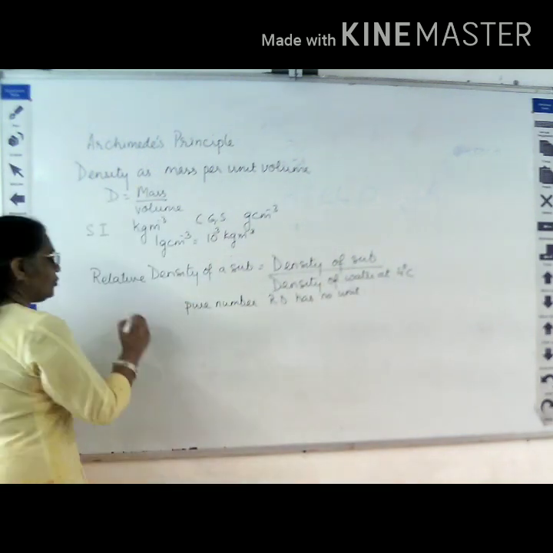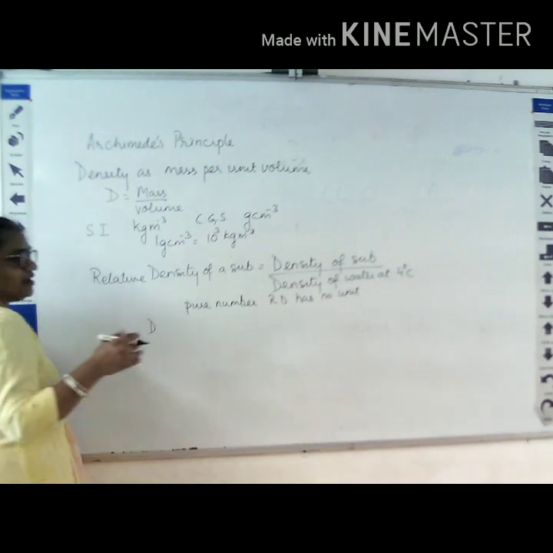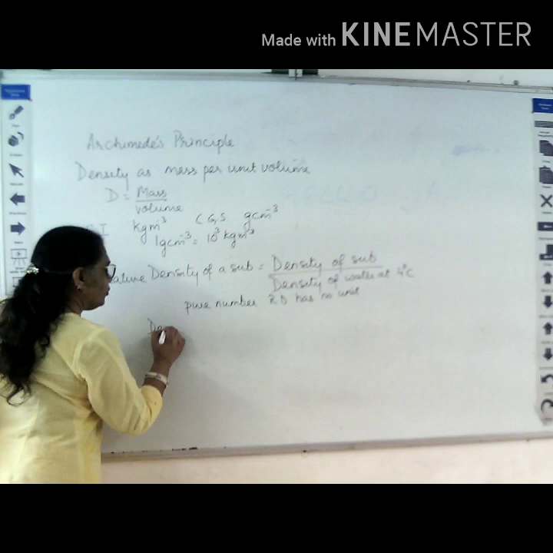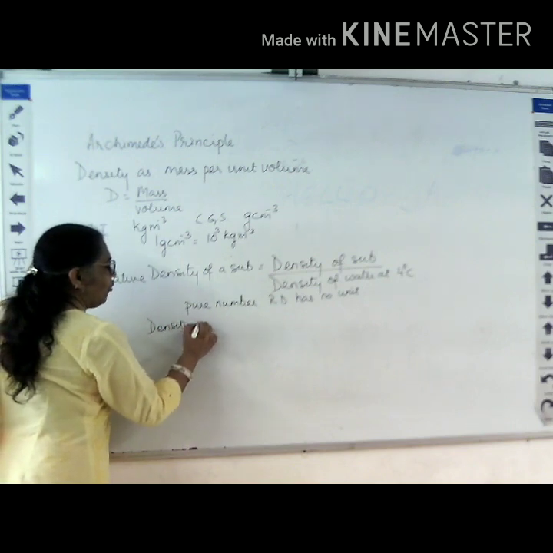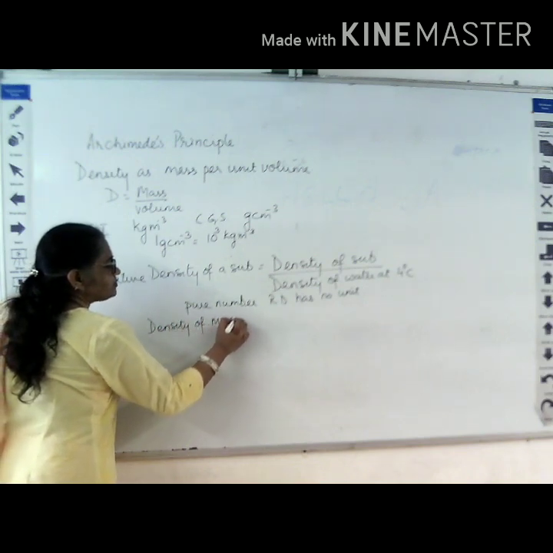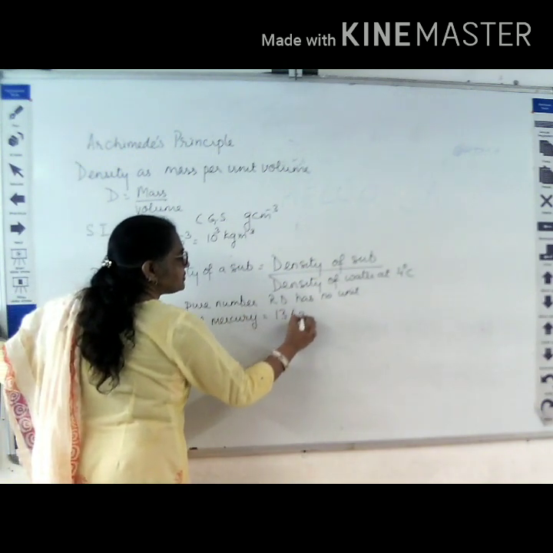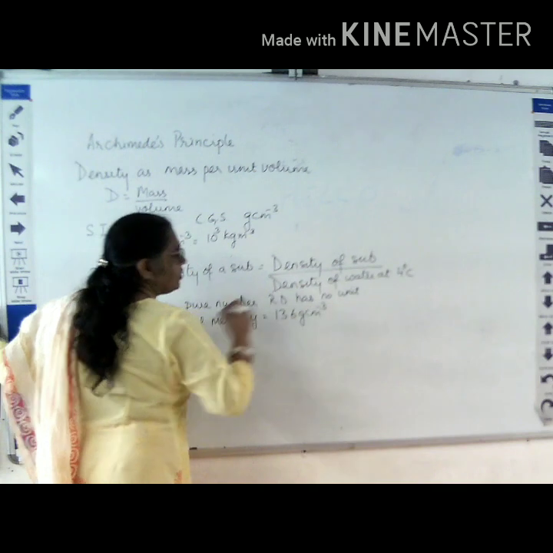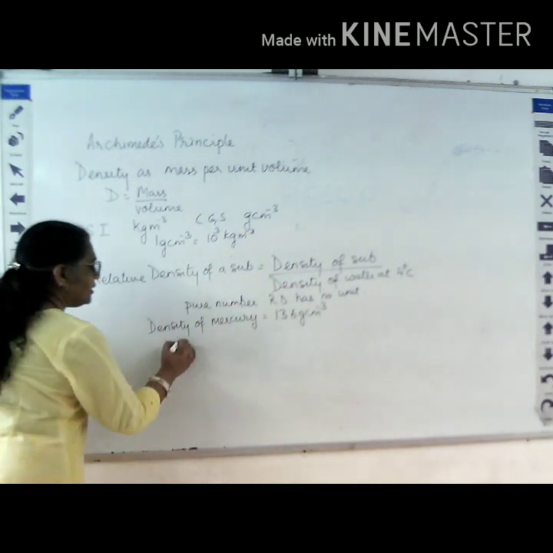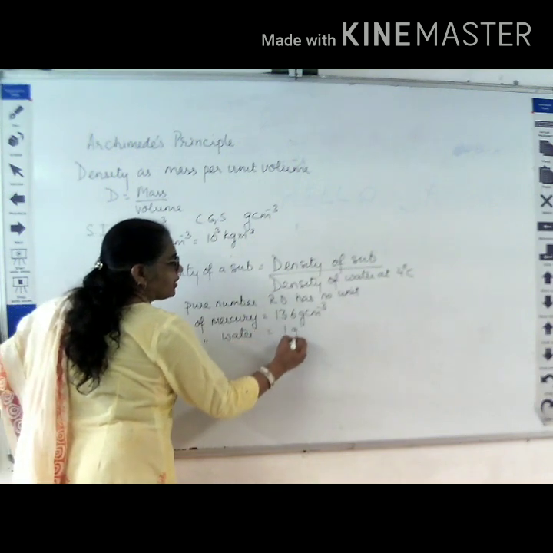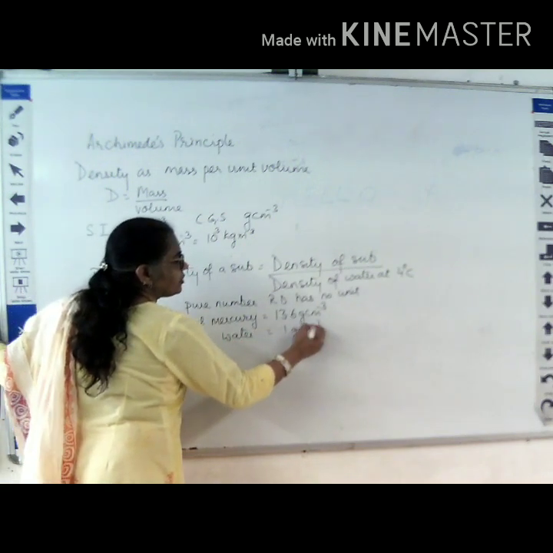See, all of you, we have been talking about mercury and we have often written down the density of mercury. So you all know that density of mercury is equal to 13.6 gram per centimeter cube, and density of water is 1 gram per centimeter cube.